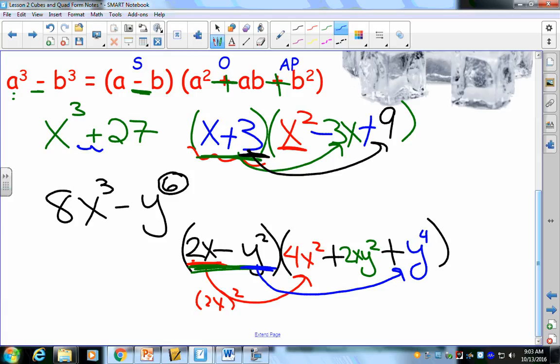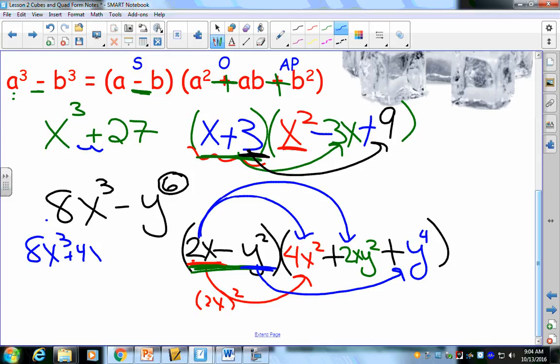I know it looks like there's a lot more, and I only have 2 terms in my problem, but let me show you what happens. So 2x times 4x squared gives me 8x to the third. 2x times 2xy squared is 4x squared y squared. 2x times y to the 4th is 2xy to the 4th.